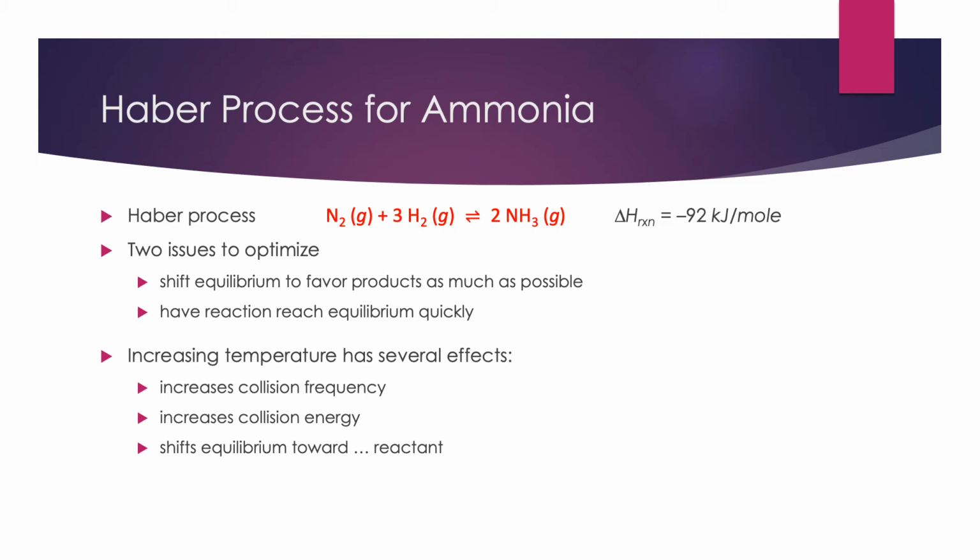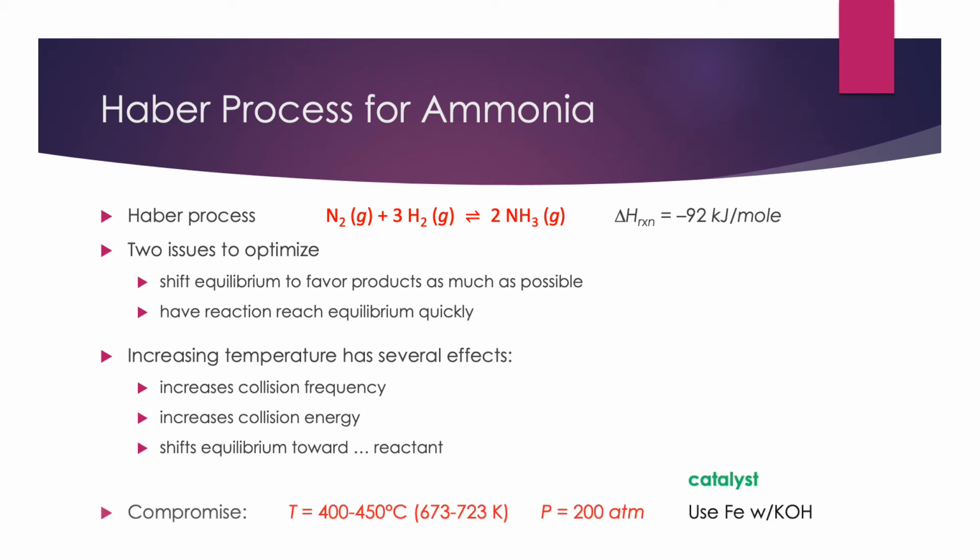There are more molecules in the gas phase there, so increasing the pressure would actually force it to the right. So you have two possibilities. You can raise the temperature, which shifts things to the left, or you can increase the pressure, which shifts them to the right. But there's a limit to how much you can increase the pressure. So what do we do? How do you fix this?